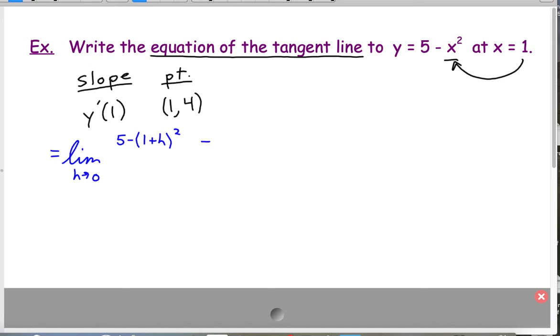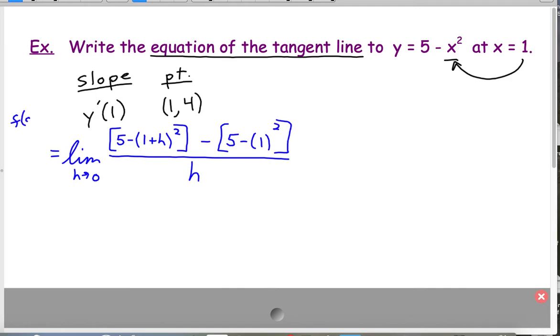And then minus f of a, so f of 1, or y of 1, which is 4. Actually, I'll write this out. 5 minus 1 squared. So here, I'll put these in brackets, and you can see what I've evaluated there, and then all over h. So what that really did was I did f of a plus h minus f of a all over h.